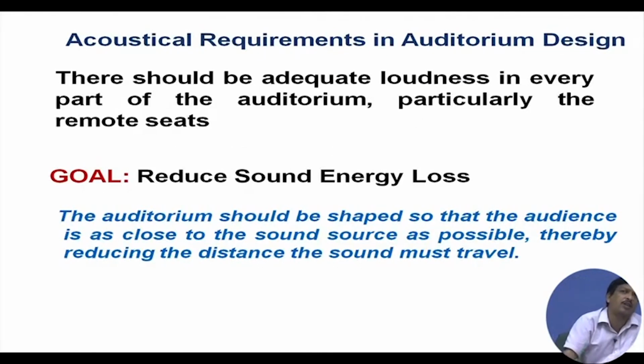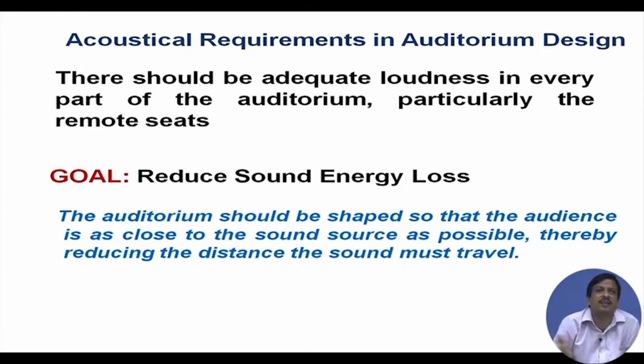So, what is the acoustical requirement? Before coming to the room shape, let us start: what is the acoustical requirement in auditorium design? There should be adequate loudness in every part of the auditorium, particularly the remote seats. My requirement is that if some audience member is sitting at the end seat, the loudness of the sound at that seat should be the same as the loudness at the front seat.